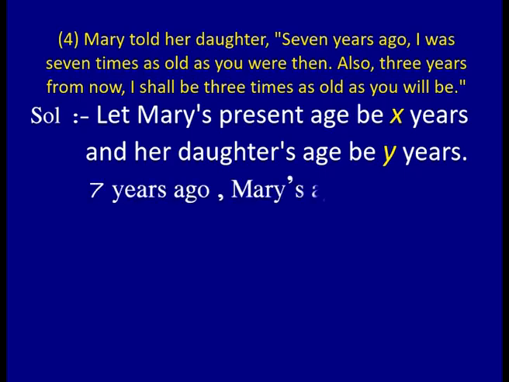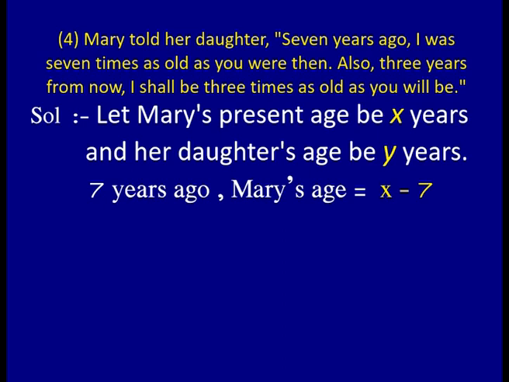7 years ago, Mary's age is equal to X minus 7. Why? Can you think? Let us assume your present age is 15 years. 7 years ago, what was your age? Means present age minus 7 years.